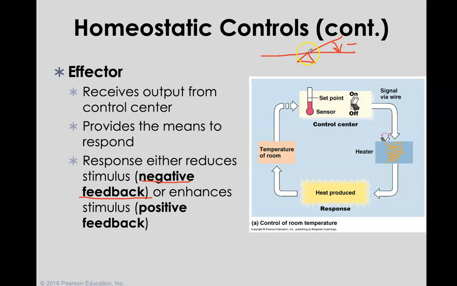Or if it's going to bring us farther in the direction of that change here, this is a positive feedback mechanism, okay? So as you can guess, the majority of the feedback systems in our body are which kind? Negative, right? Because we want to get back to homeostasis. But there are a couple of systems, and as you can probably guess, reproductive being one of them, where we want to further that change.